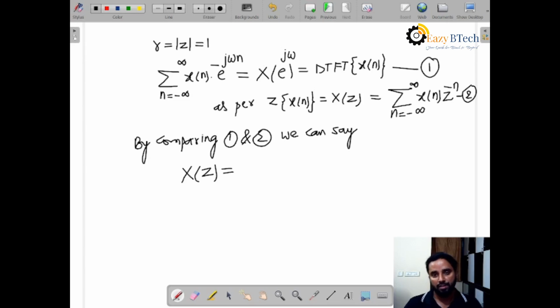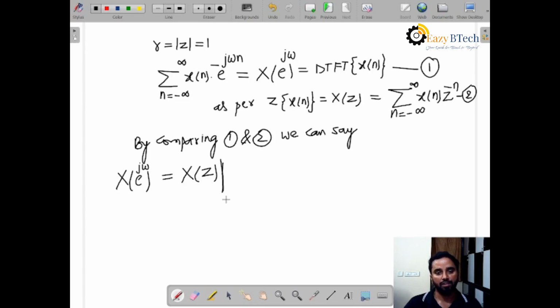By comparing 1 and 2, you can tell that in the formula, x of n summation from minus infinity to plus infinity, here also minus infinity to plus infinity, x of n, here e power minus j omega n, here z power minus n. So DTFT and Z transform both become the same. On the left side I am taking DTFT and on the right side Z transform.